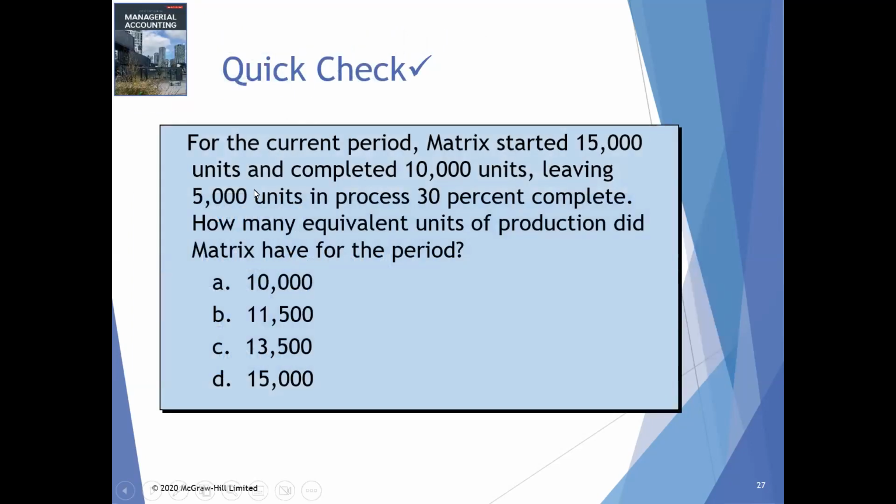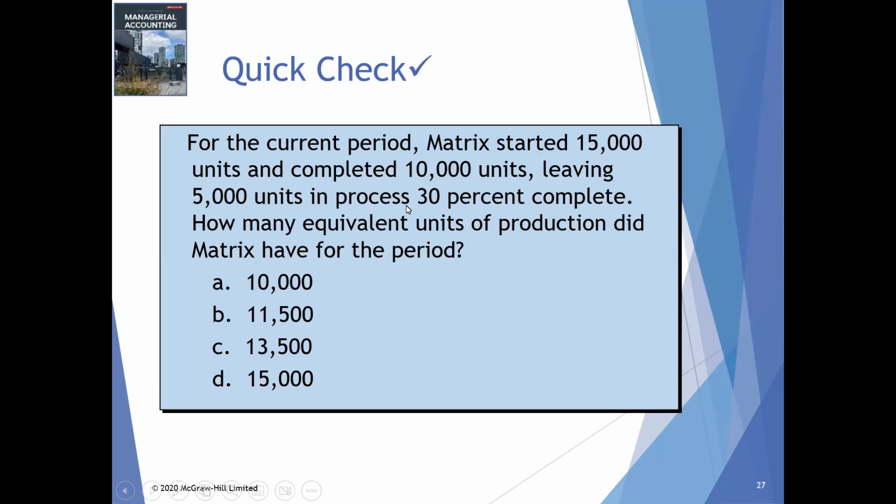One example is in front of you. For the current period, Matrix started 15,000 units and completed 10,000 units. So 10,000 units are 100% completed, but 5,000 units are left in process.